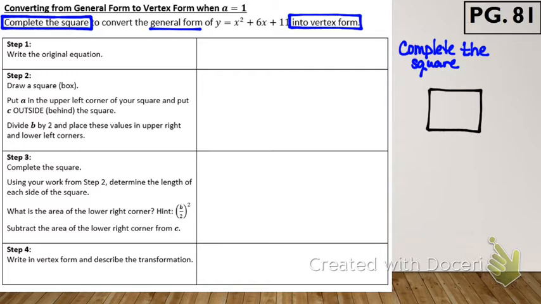How is a square different than a rectangle? All sides are the same. So this side right here and this side right here are going to be the same. And then I think about my form all along the way, too.